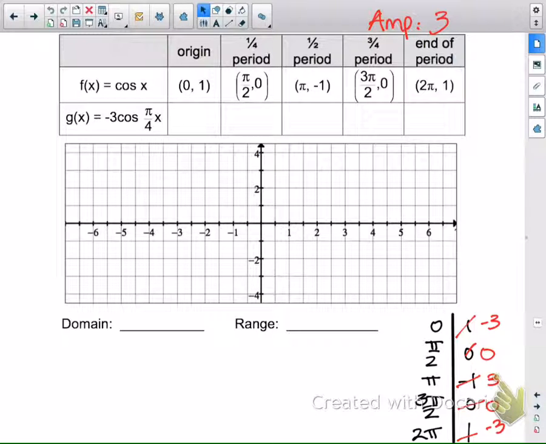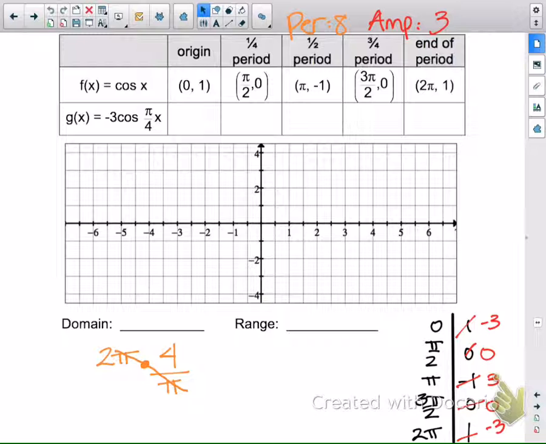Pi/4. If I am going to find the period of my function, I'm going to take 2 pi and divide by pi/4, which is the same thing as doing what? Multiplying by 4/pi. What happens when I flip that and multiply? The pi's cancel, and what does that make the period of the function? 8.